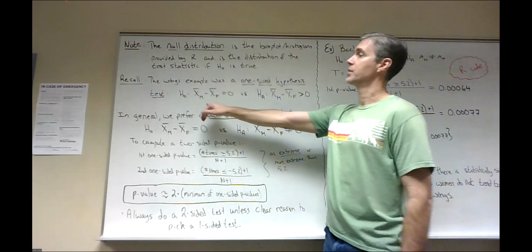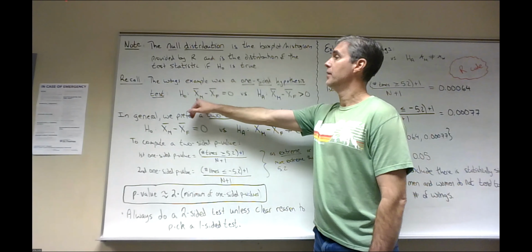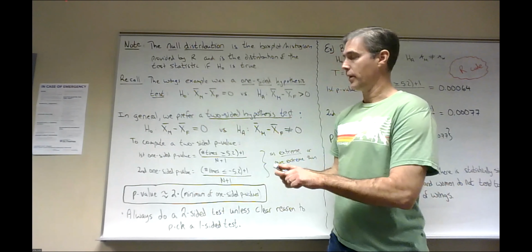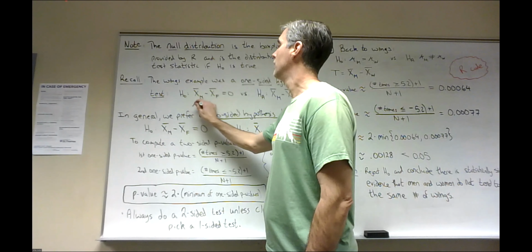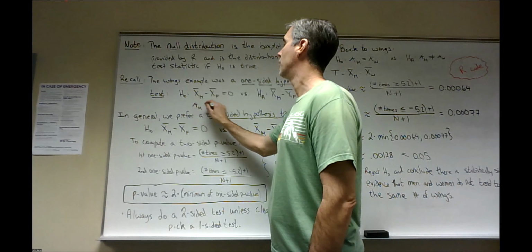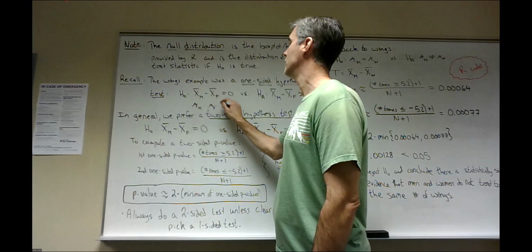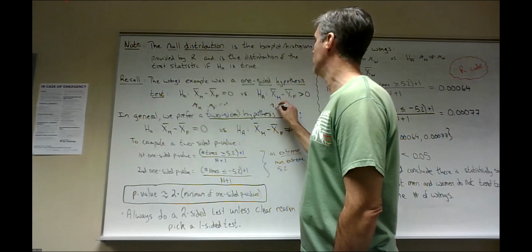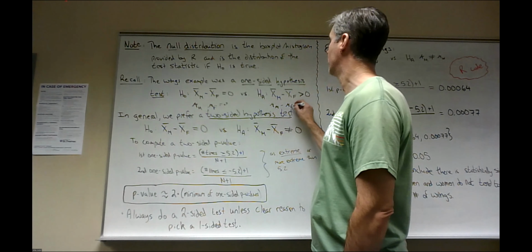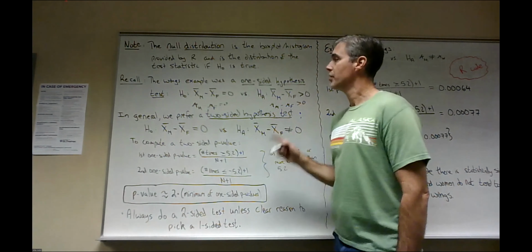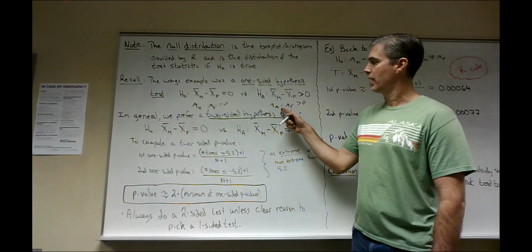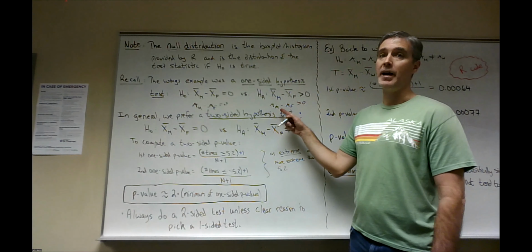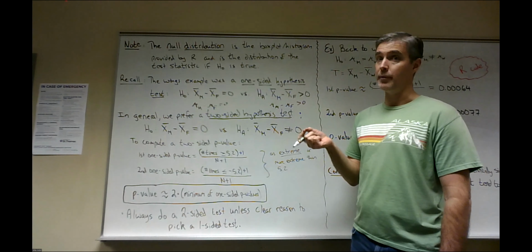Our null hypothesis was that, well, I guess this isn't quite the way I wrote it. I should have written mu m minus mu f equal to 0 versus mu m minus mu f greater than 0. So it was one-sided because the alternate hypothesis was that the mean of the men was strictly larger than the mean of the women.